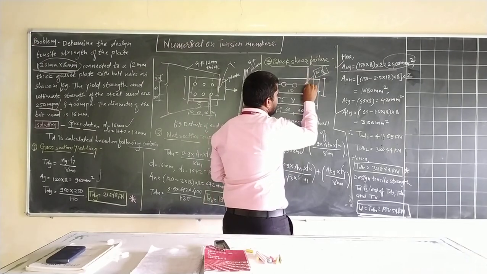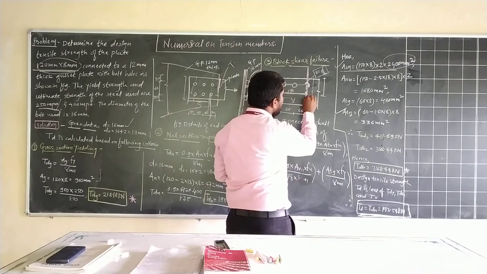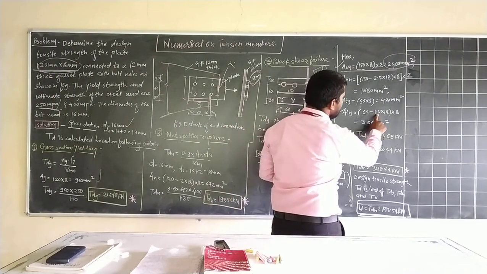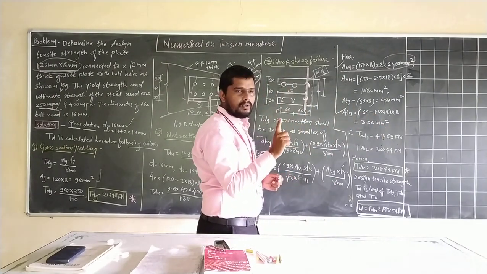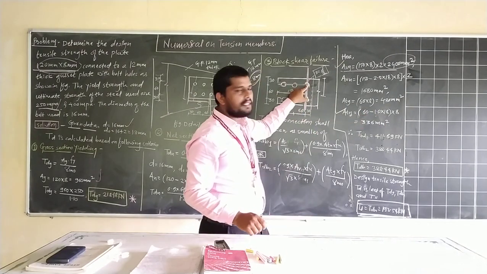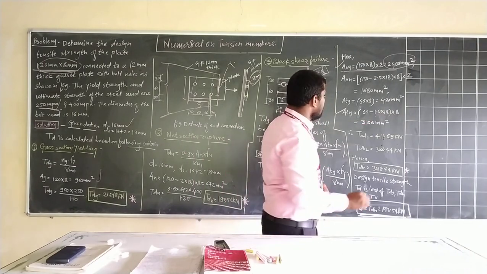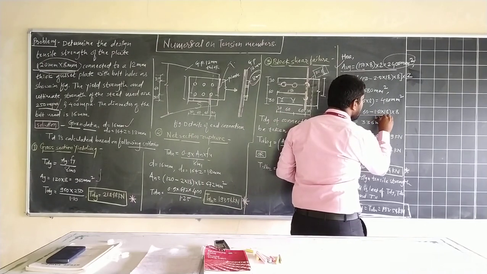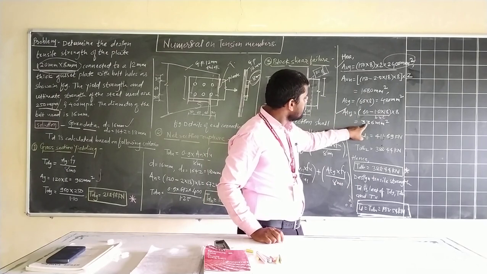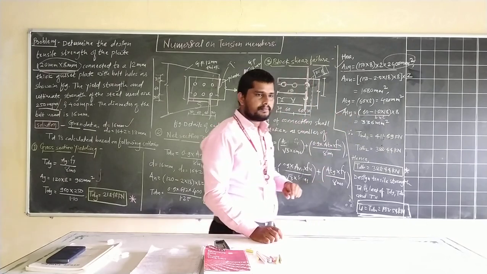Here half of this bolt, again half of this, meaning 0.5 plus 0.5, total is 1 bolt. So 0.5 plus 0.5 means 1, into the diameter of the hole, 18 mm, bracket complete, into the thickness of the plate, 8 mm. This calculation is B into T, the area in mm square. So the value is 336 mm square, the net area.